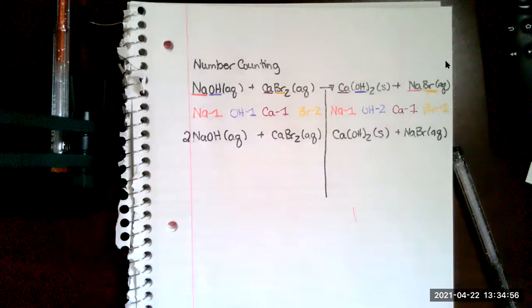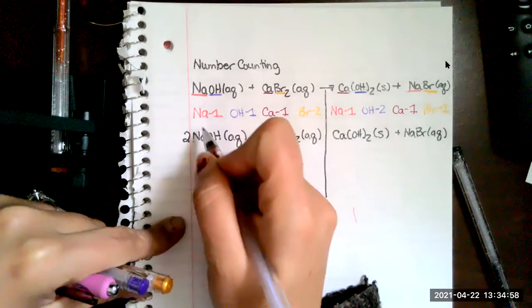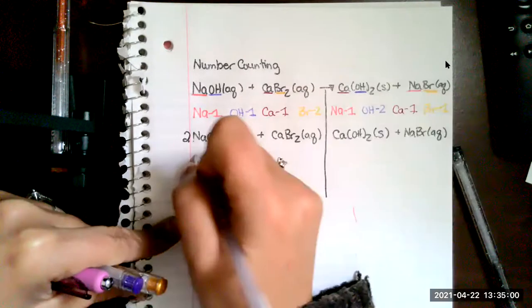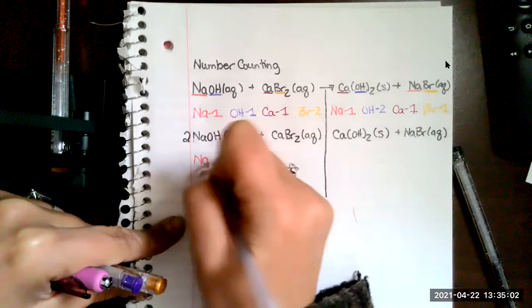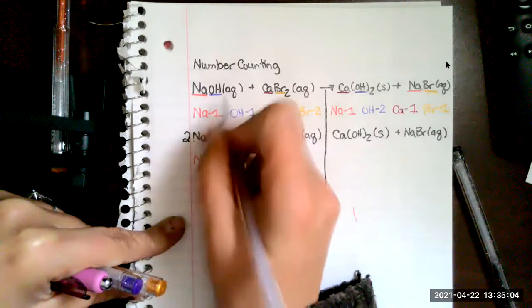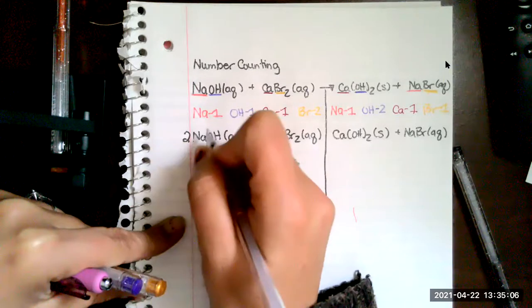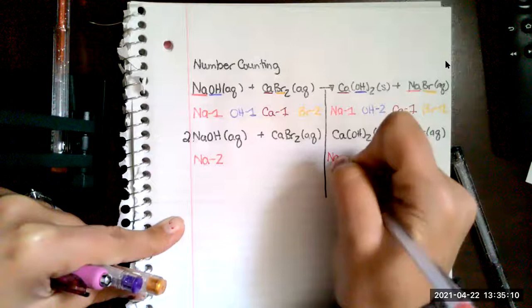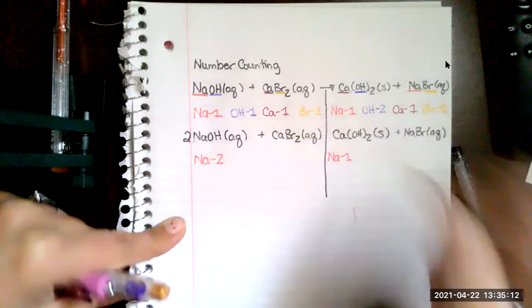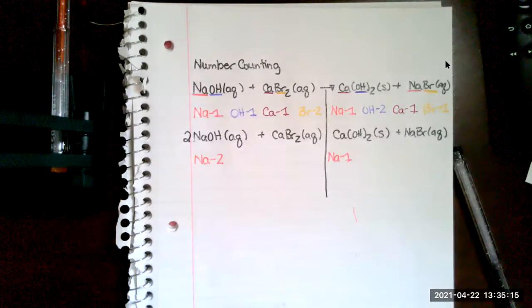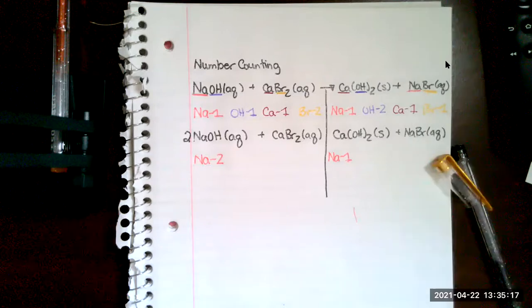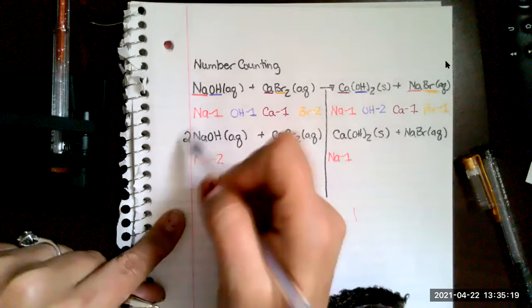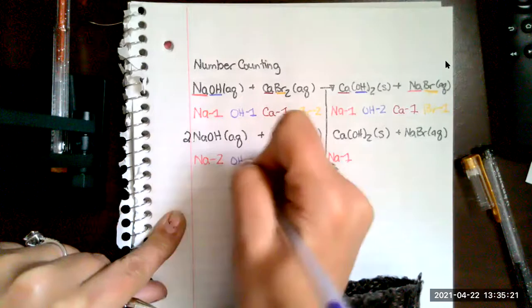So now I have sodium over here. So it distributes, so I have 1 sodium. Sorry, I have 1 sodium here, but because I put the 2, 2 times 1 is 2, so I now have 2 sodiums. Over here, I still have 1 sodium. My hydroxide is OH. 2 times OH is 2, so I have 2 hydroxides.